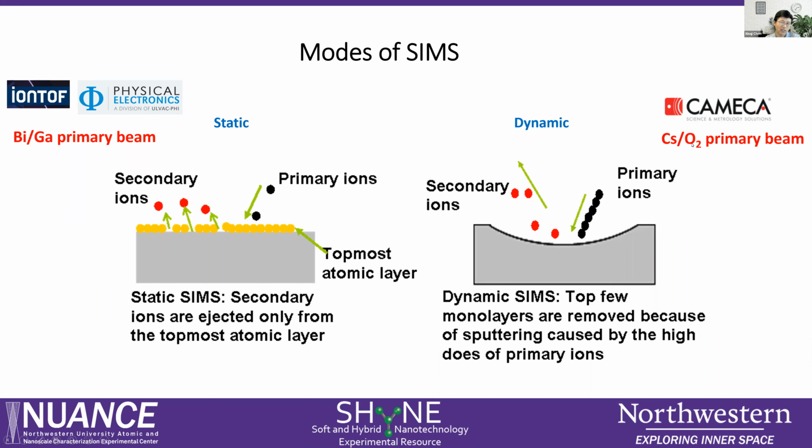So dynamic SIMS can do a little better for depth profile and mapping. There are different types, and what we have is the static one. Static SIMS also has advantages, and later we will talk about it. One advantage of dynamic SIMS is higher yield and better depth profile.